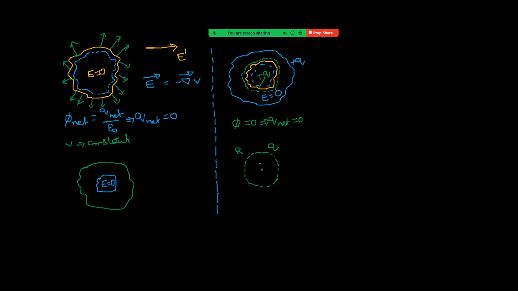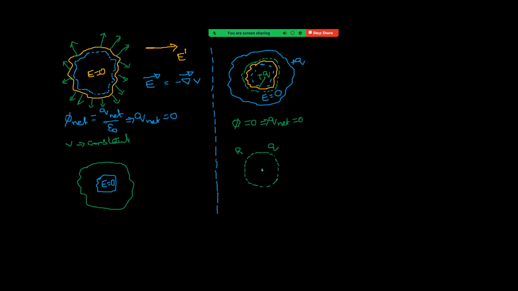Inside the cavity there is no charge, that's why there is no electric field. Now this charge Q distributes on the surface of the shell uniformly, so that inside the conductor the field will be zero.